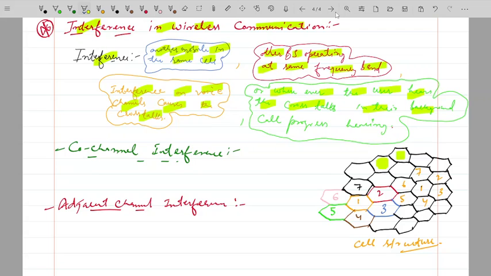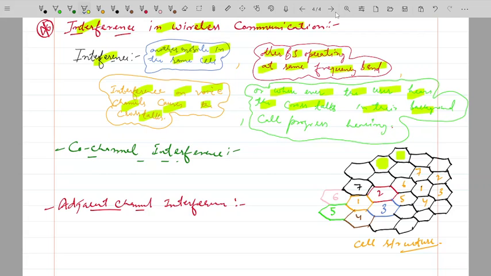Similarly, all the cells are coverage areas for different base stations or towers. If a number of cells are combined together, they make a cluster. A group of cells is called a cluster.